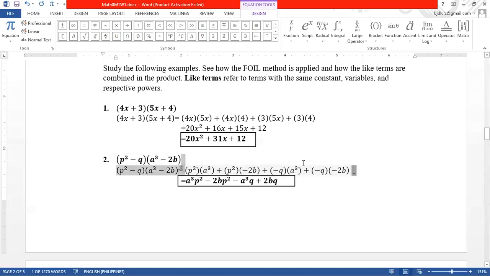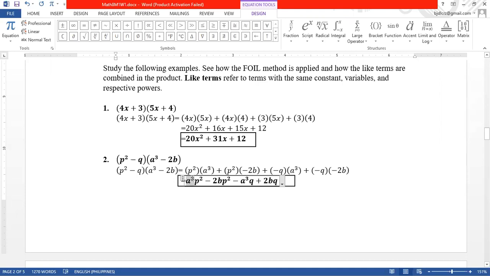So simplify the following. P squared and A cubed, just arrange them because they don't have the same terms. So from A to Z, since A comes first, so we put A first.